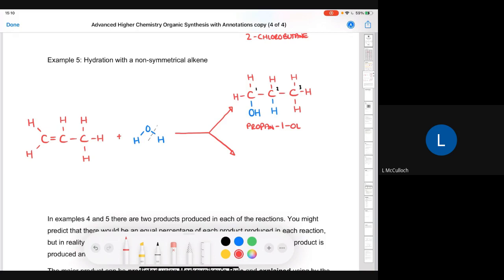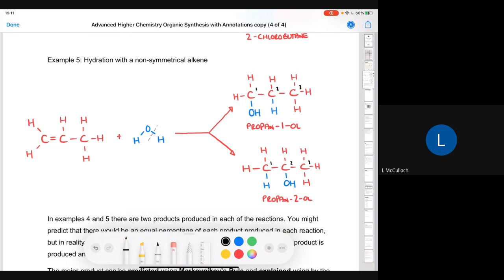And then for the second possibility, we'll pop the hydrogen on the first carbon and then the OH group on the middle carbon. So when we are looking at numbering these, we find that the hydroxyl group is on the second carbon, 3 carbons in the longest chain, so that would be propan-2-ol.